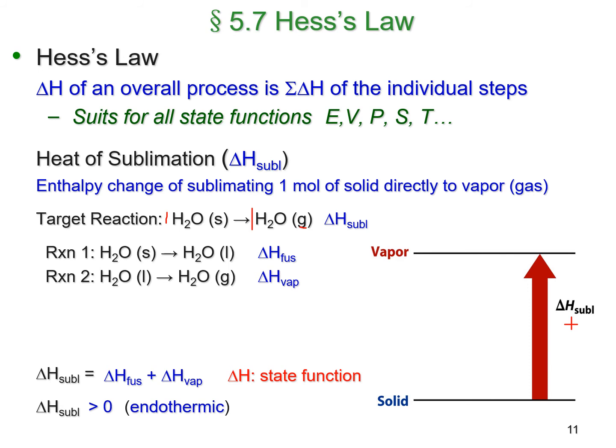Imagine that we have a reaction for which we cannot make such an energy diagram. So we put something right in the middle and make it nice and easy. Is there any other way for us to figure out the delta H of an overall process?